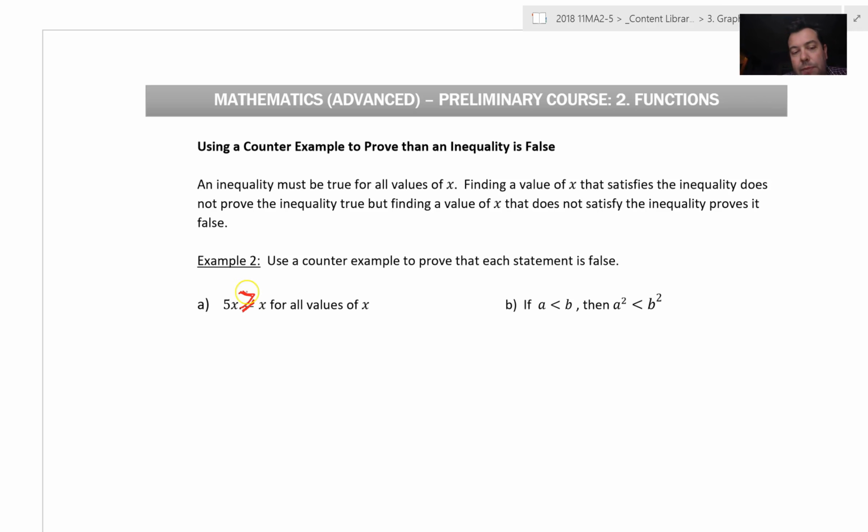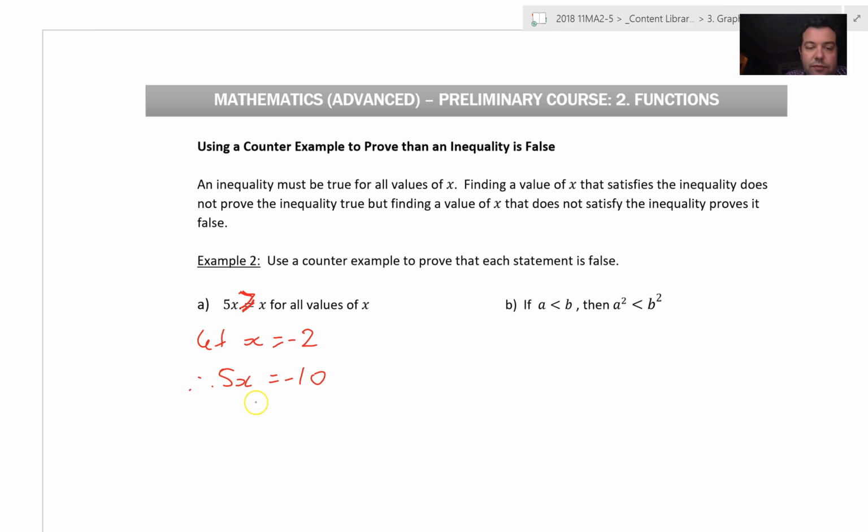Well, that's true sometimes. If x was something like 2, right, then 10 would be greater than or equal to 2. That's fine. But I think here we're going to see that if x is a negative, right? So let's say let x equal -2. Therefore, 5x equals -10.